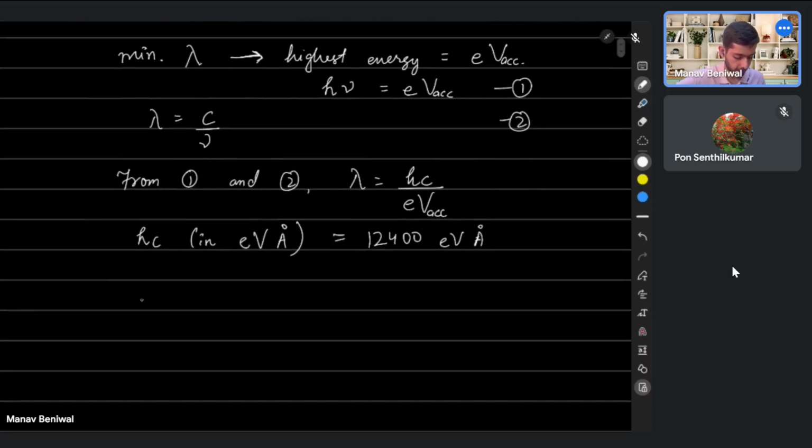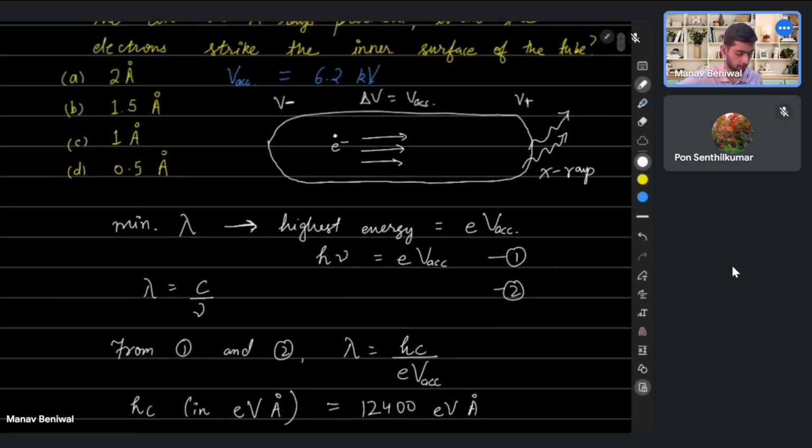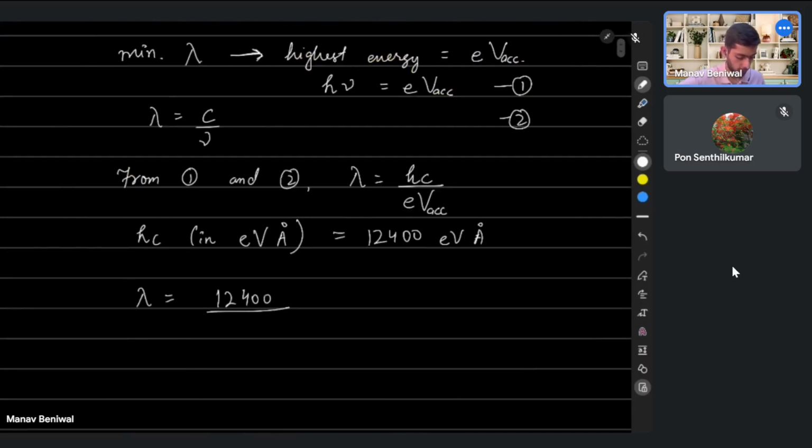Therefore, we can write lambda to be 12400 divided by 6.2 into 10 to the power 3 angstroms. So this will simply give us 2 angstroms, right?